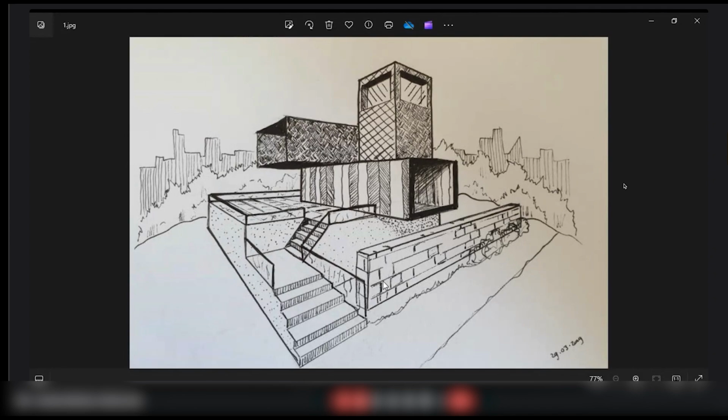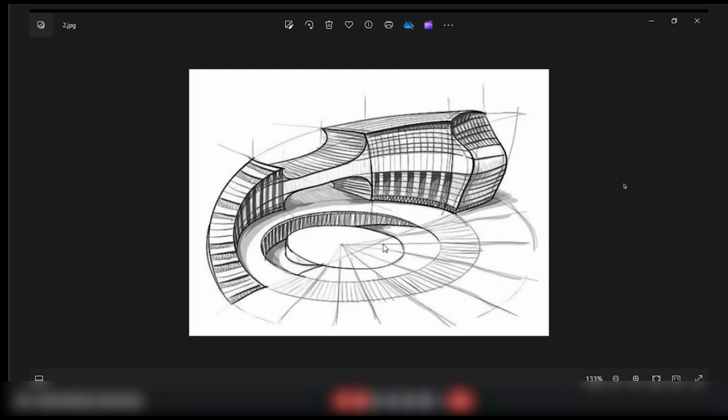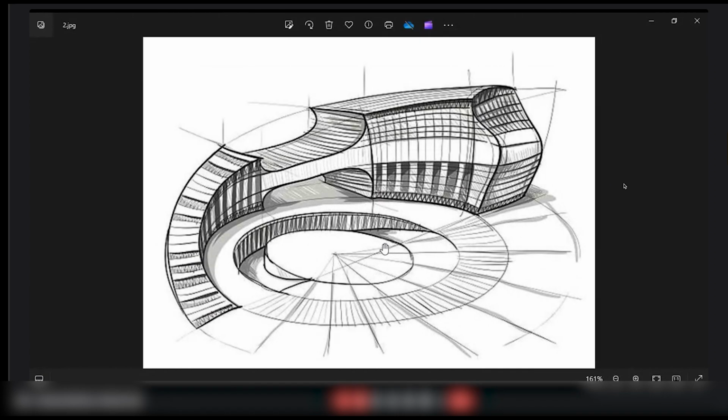So let me show you the second image. Can everybody see this image? Yes, sir. What we saw in the first image were all straight lines.